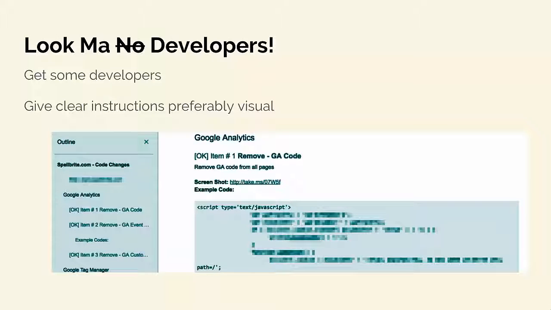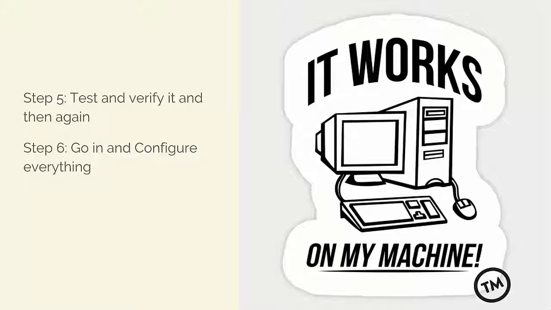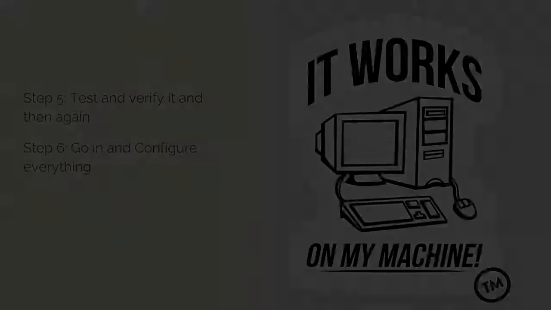So it makes the developers' jobs easy, and they generally love this. And once that gets done, we QA it and verify it, and then we get into configuring the stuff that is needed.